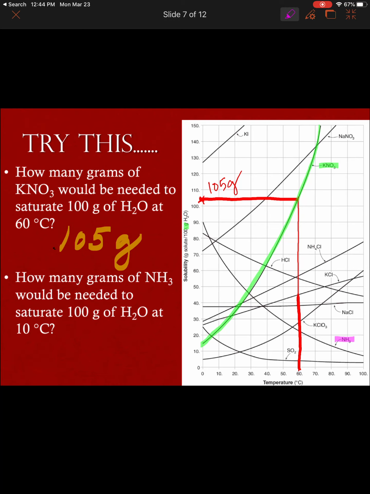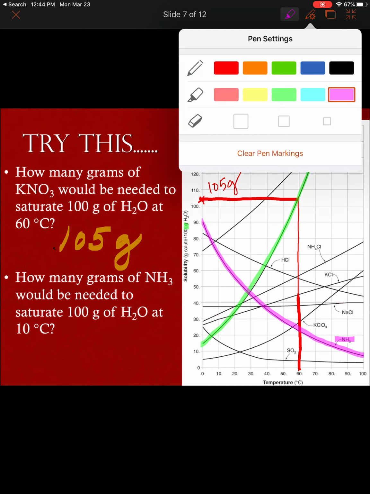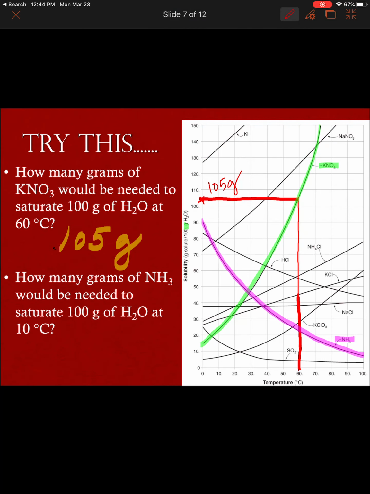So that means this curve, the purple one, is NH3. So now it says, how many grams of NH3, so we're looking for the grams, we're looking for what's on the Y, are needed to saturate 100 grams of water at 10 degrees Celsius.